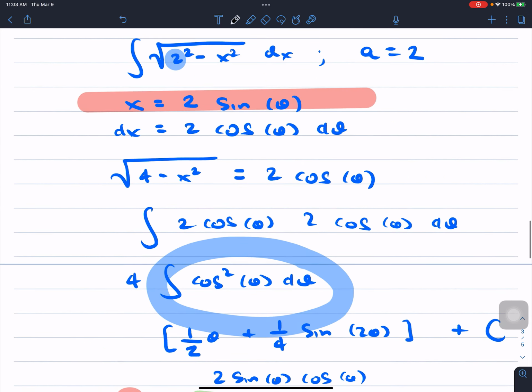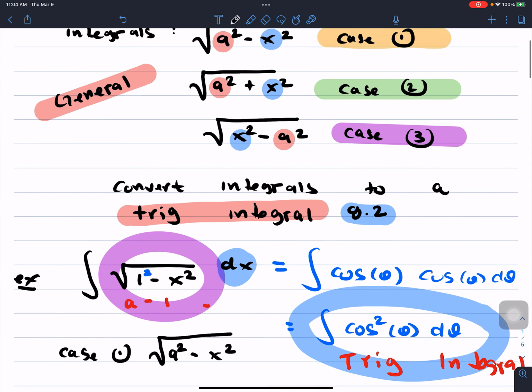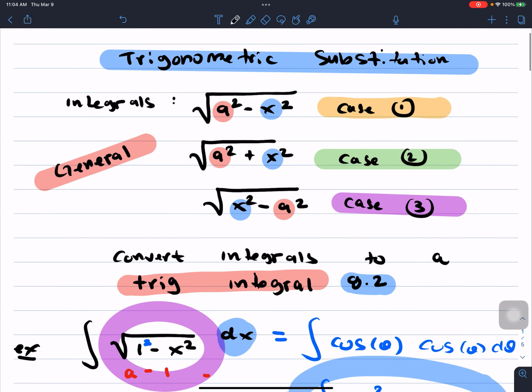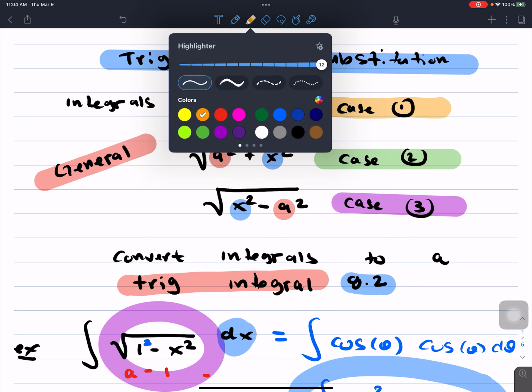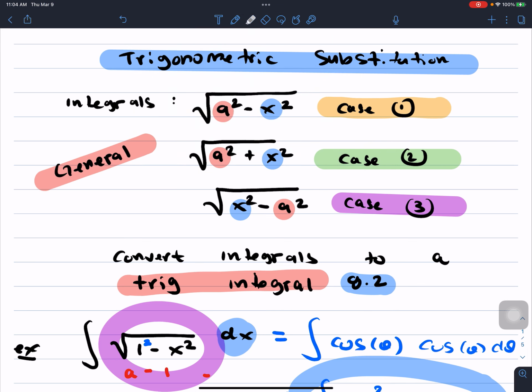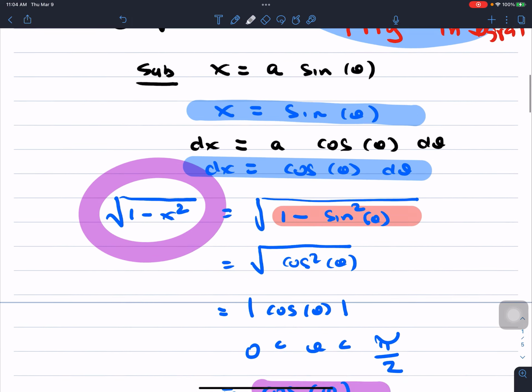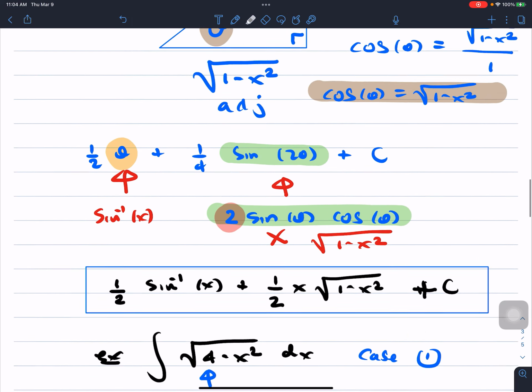The integrals for this technique must involve a radical that looks like what you see up here. How do I know that's case 1, though?